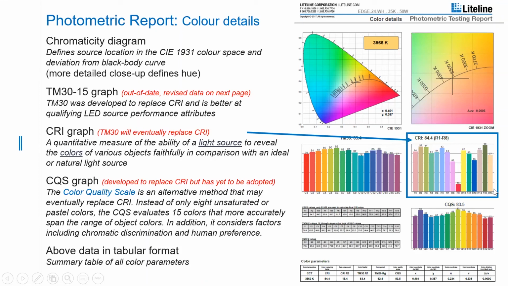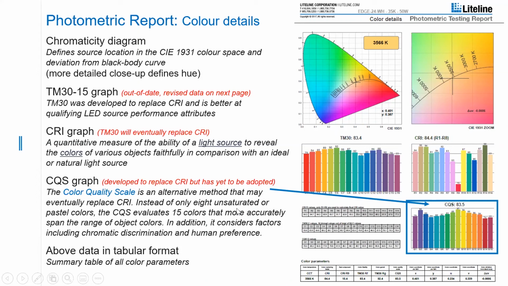R9 is useful for skin tones and for rendering extreme conditions of red, like in a Coca-Cola showroom. But aside from that, this level of R9 is perfectly adequate. So our reports will continue to have CRI until it meets its maker.